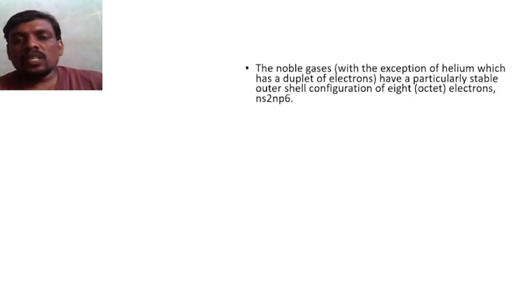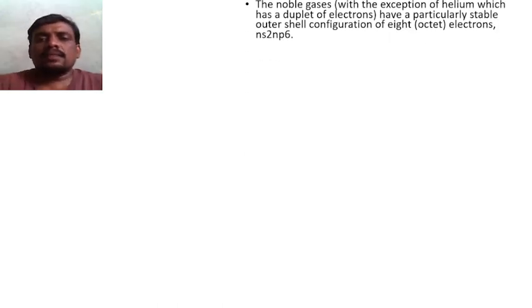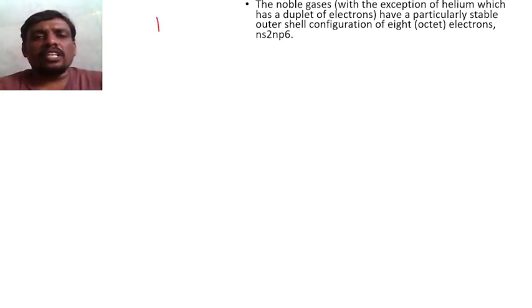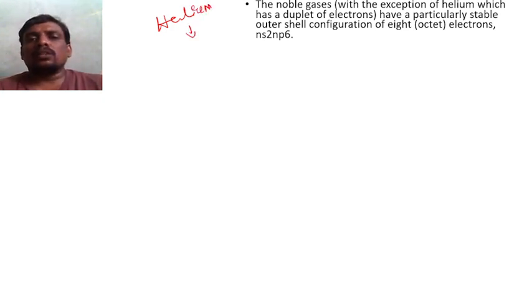Now, the noble gases, as you know, are zero group elements. Helium is also a zero group element or a noble gas, but an exception is given for helium, which has a duplet of electrons.